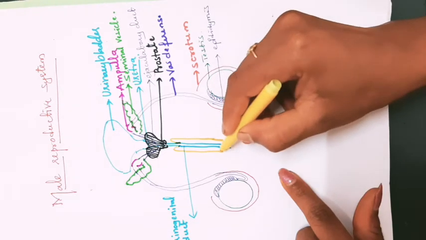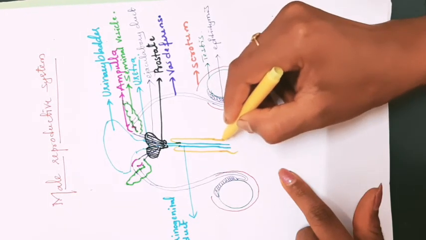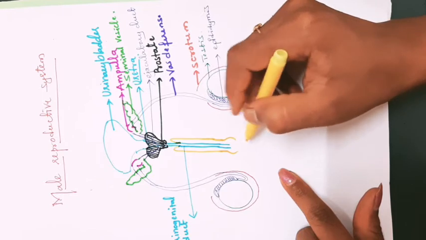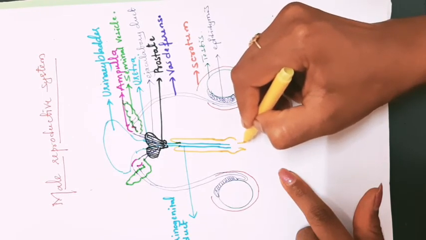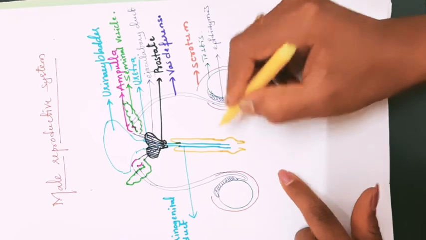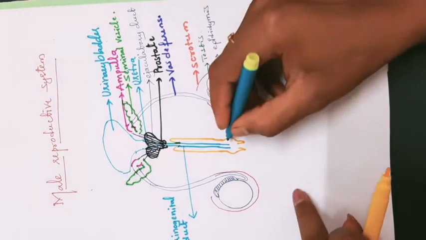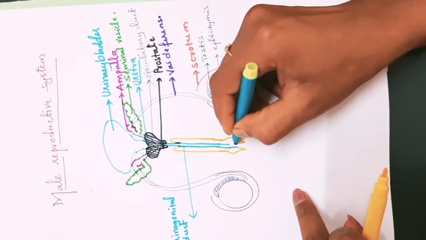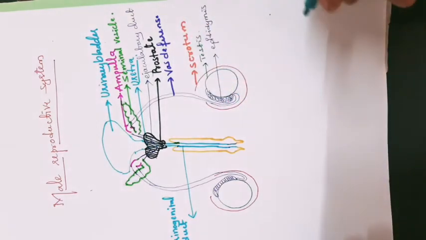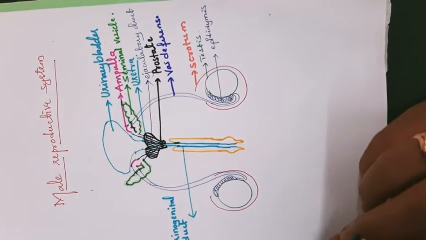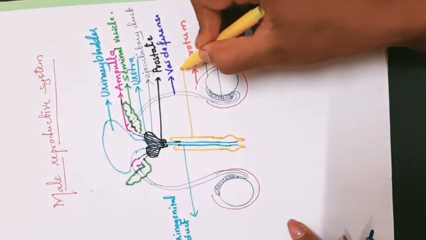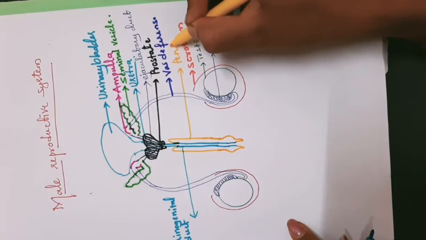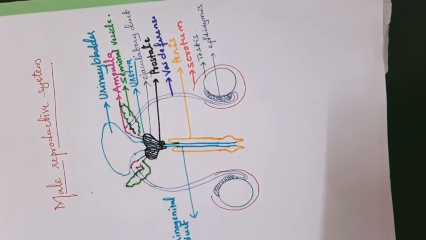It is somewhat swollen at the end region and has a small slit-like opening. The urinogenital tract passes through the penis. Let me label this. This is the penis, the male sex organ.